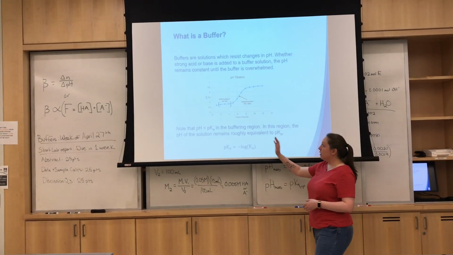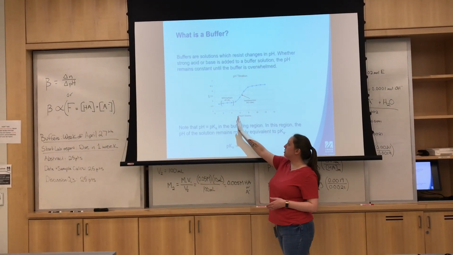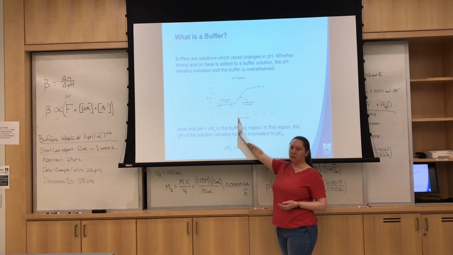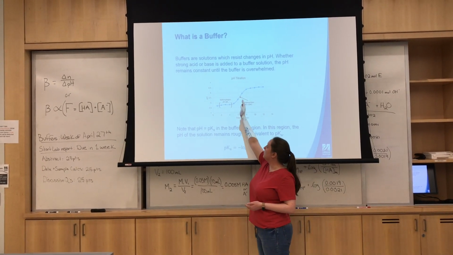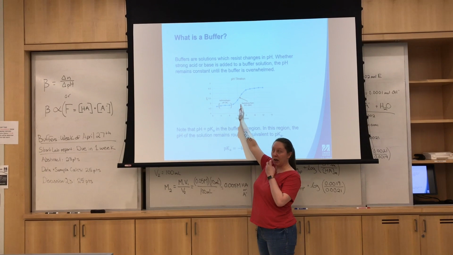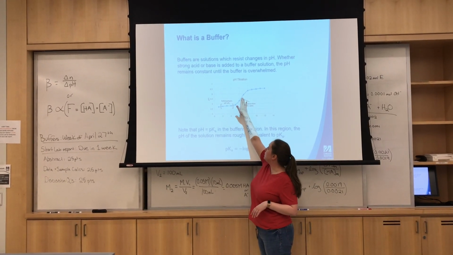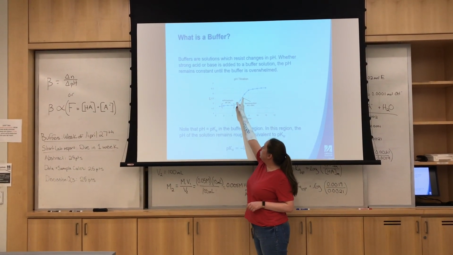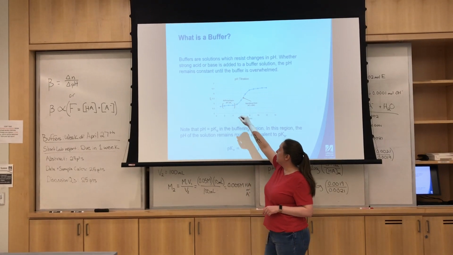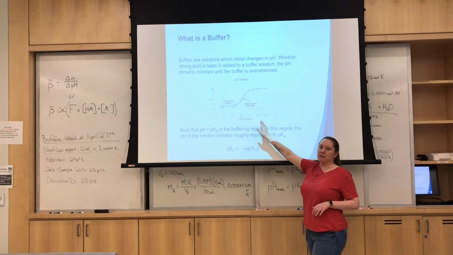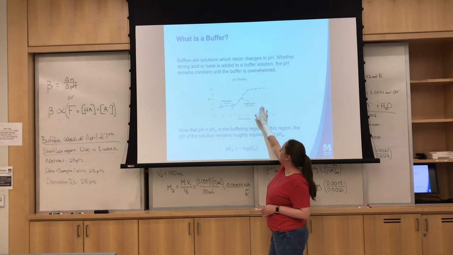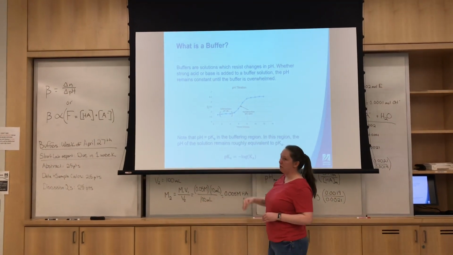So at a certain point, however, when you start adding too much titrant, you are going to see a sharp increase of pH at the equivalence point when your H pluses equal your OH minuses, and then you'll see it taper off.